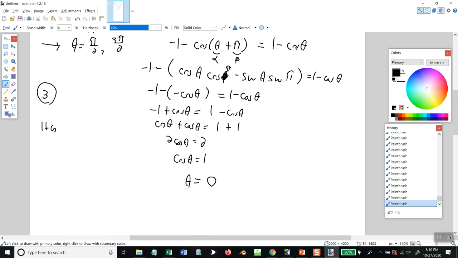So 1 plus cosine theta is equal to 0. 1 minus cosine theta is equal to 0. So take that over, gives me negative 1. This one, take negative cosine theta over. Let's see, that's equal to negative 1 at pi.